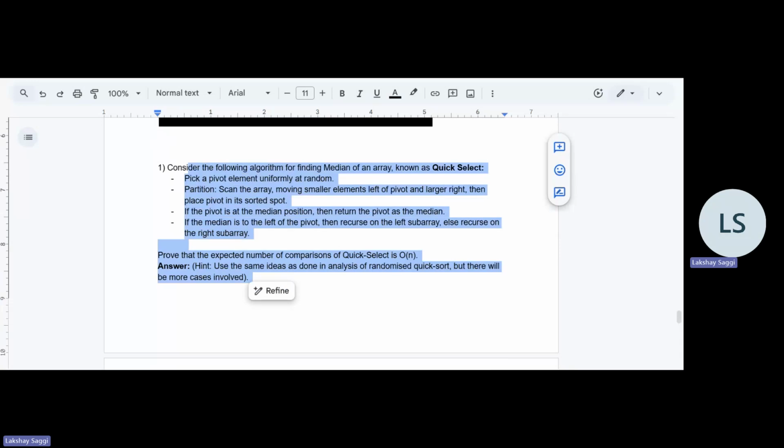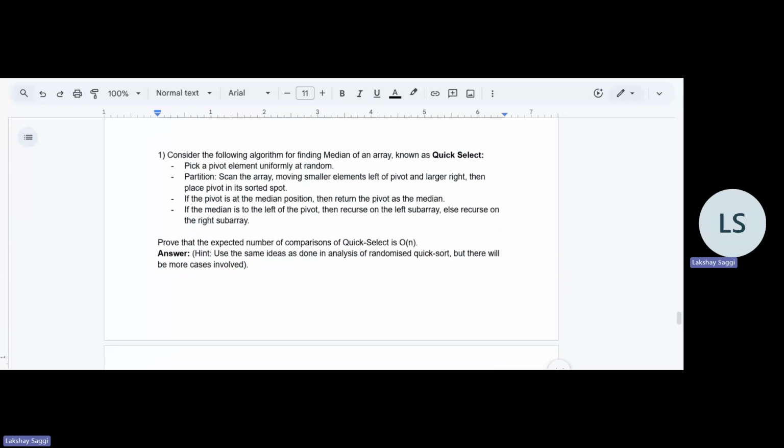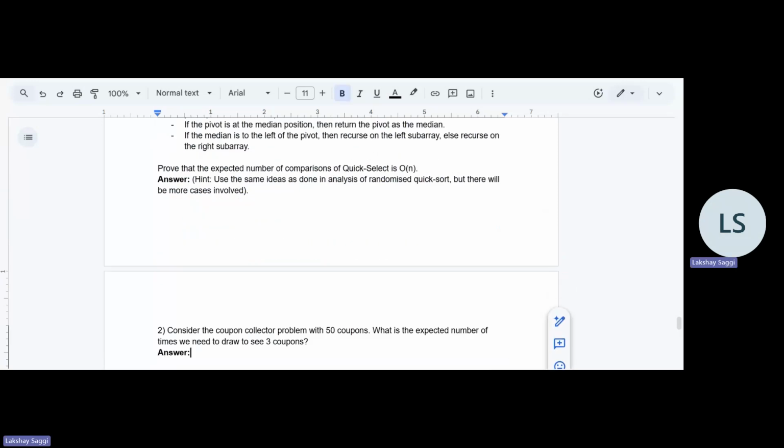We discussed the quick sort algorithm in the lectures, but suppose you are given quick select; then we have to prove that the expected number of comparisons of quick select is linear in the size of the array. I gave this as homework, but if time permits today, we can also discuss how you go about this, because I think it's a really cute problem. But let's leave it for the end.